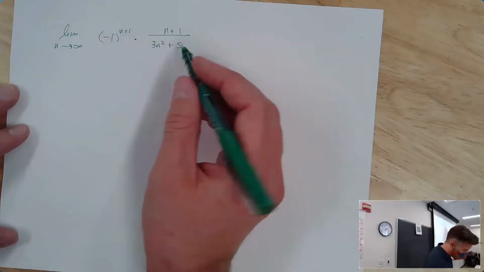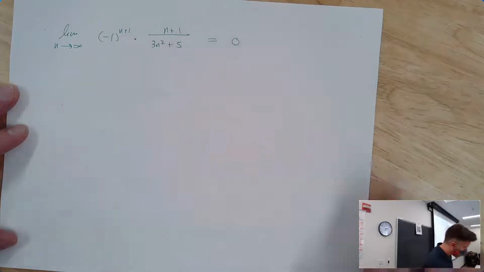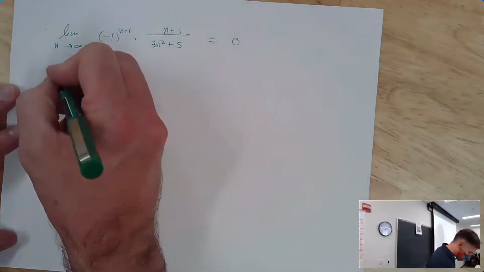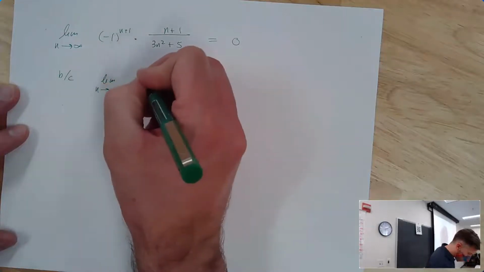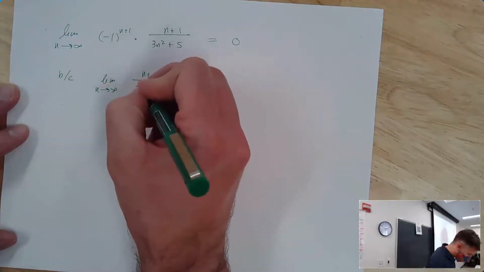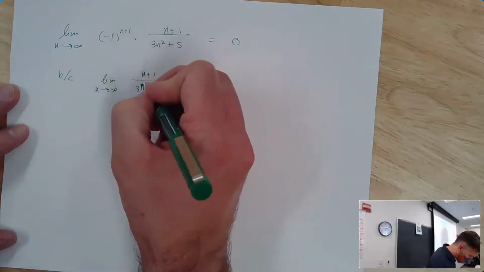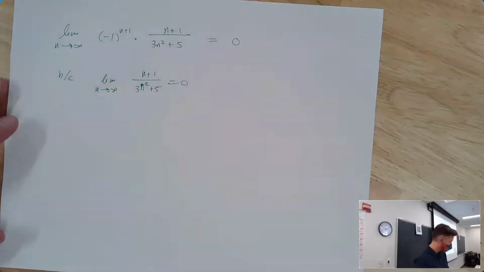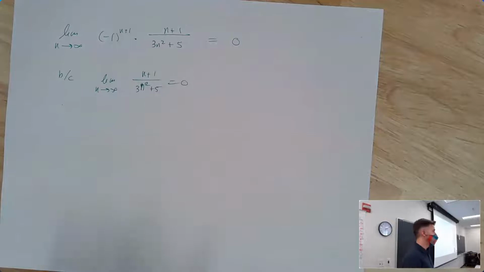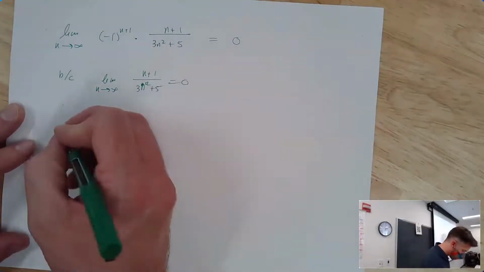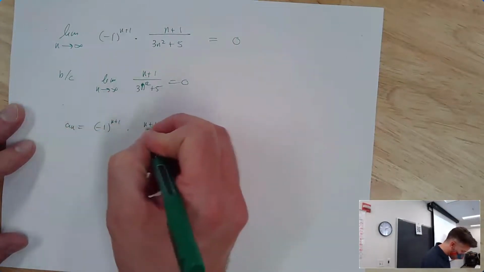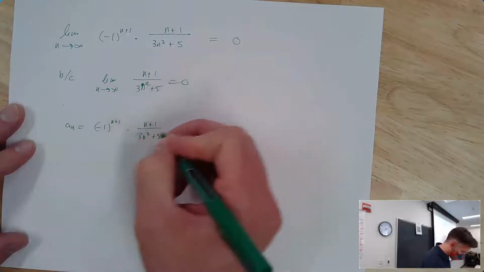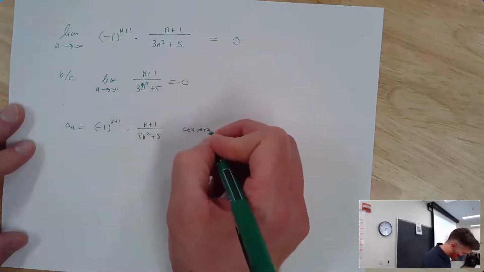The point here is that this limit is going to be 0 because the limit as n goes to infinity of n plus 1 over 3n squared plus 5 is equal to 0. So 0 is the only one where, if it's oscillating, you still get back to the equal limit. So this sequence equal to -1 to the n plus 1 times n plus 1 over 3n squared plus 5 definitely does converge.